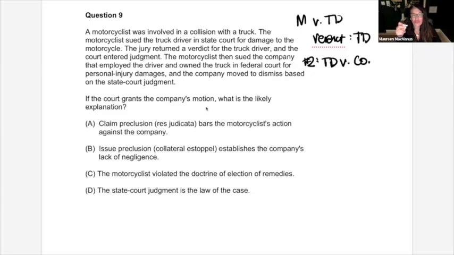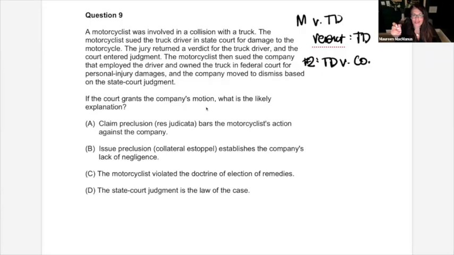And if you're bringing a suit, you have to bring all people in that first suit. Because the truck driver and the company are in privity, the company should have been brought in case number one. So the failure to bring them in means that a later claim against the company is barred by claim preclusion, not issue preclusion.